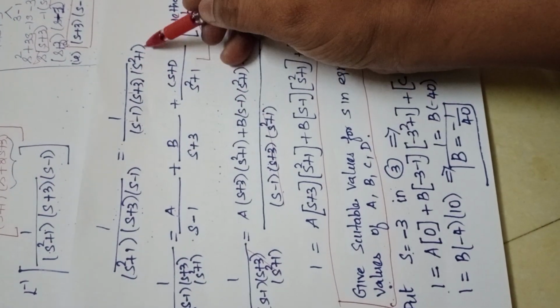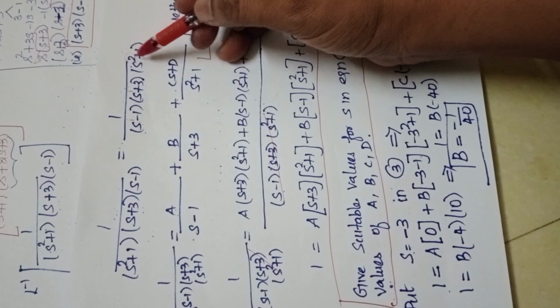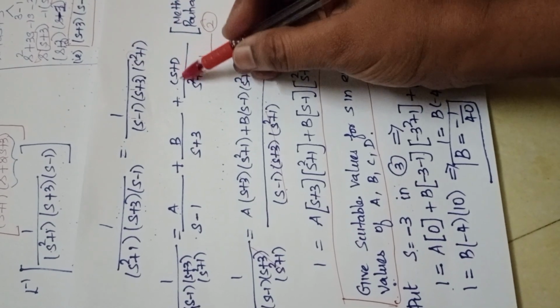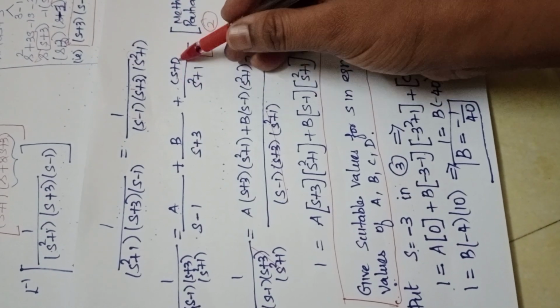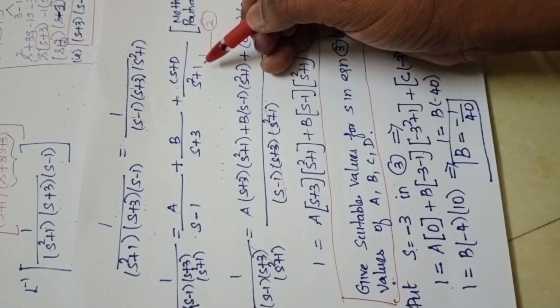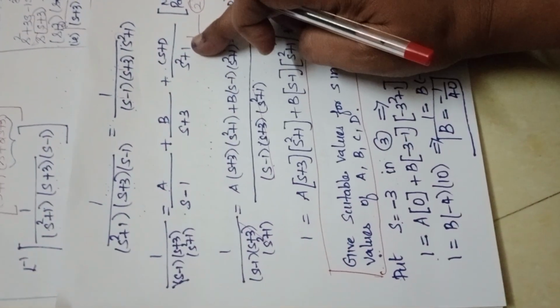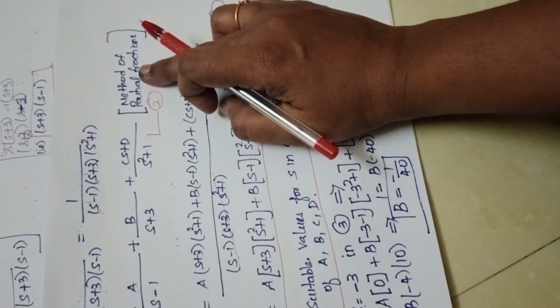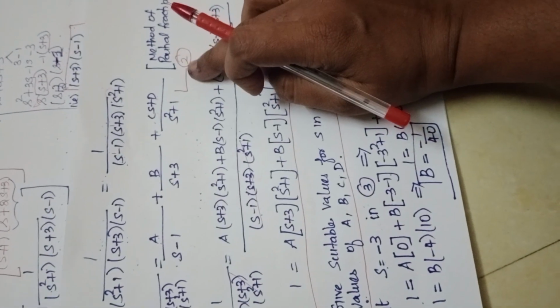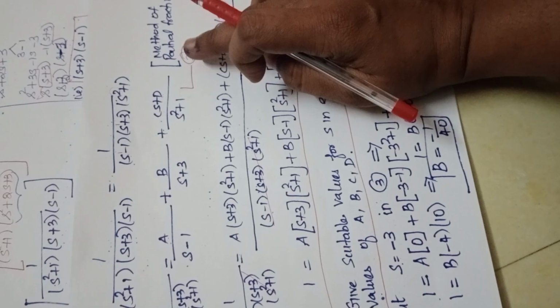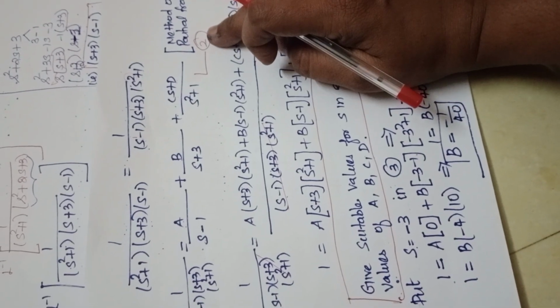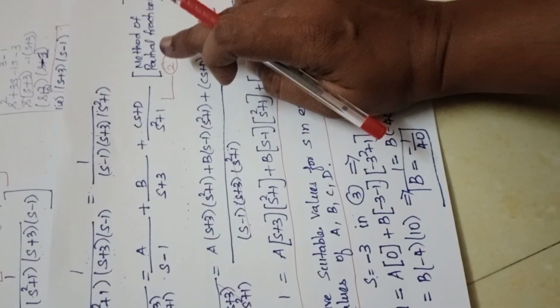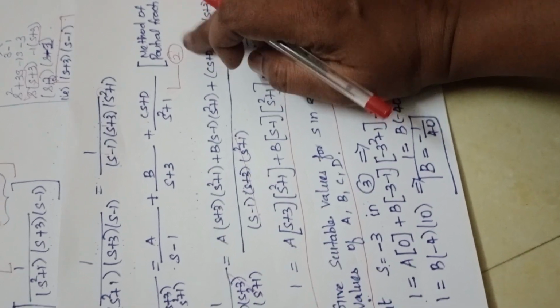And s square plus 1, because it has got power 2, is expressed in the form of two constants, Cs plus D divided by s square plus 1. So this separation is done by the method of partial fraction. And the resulting expression, what we have separated using the partial fraction, should be called the next equation number according to our problem, equation 2.